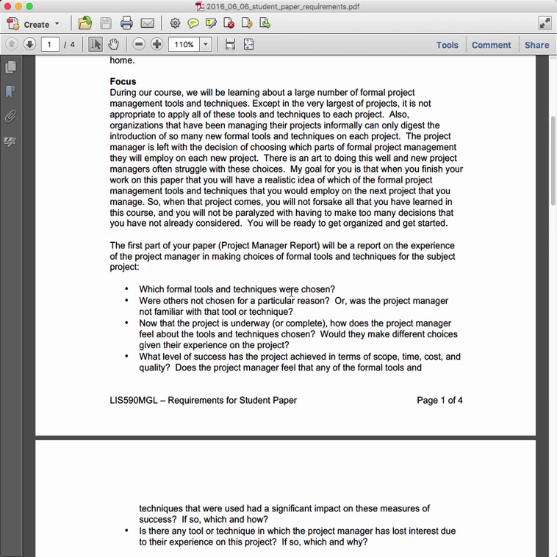The focus of the paper is really going to be twofold. I want you to focus half of the paper on reporting back on what you learned from the project manager who you interviewed. Okay? And I'd like you to spend the other half of the paper talking about what you would expect to do on your project.